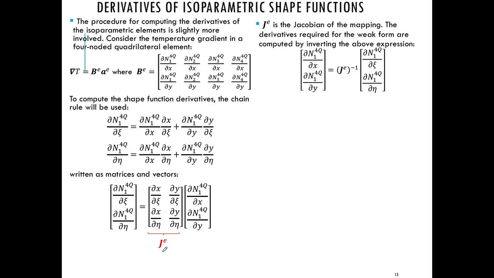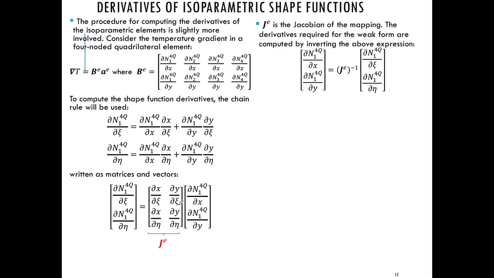It is a concept in, let's say, even image processing and other such things. Wherever you have coordinate transformations, or wherever you have mappings, the Jacobian arises. The Jacobian basically just consists of the derivatives of our physical element with respect to our parent coordinates. It is just this matrix right here.